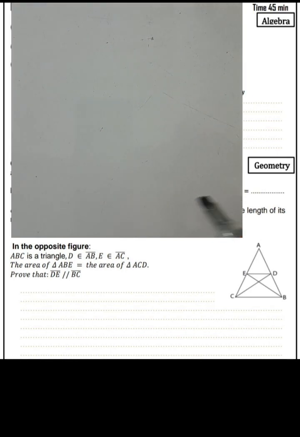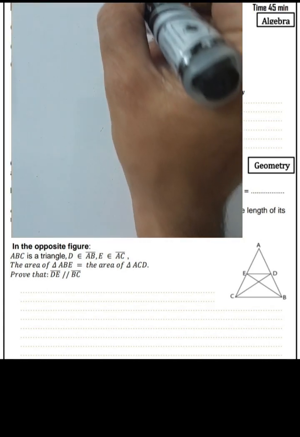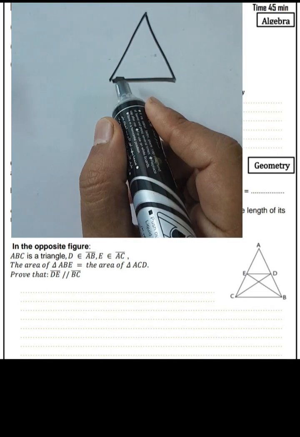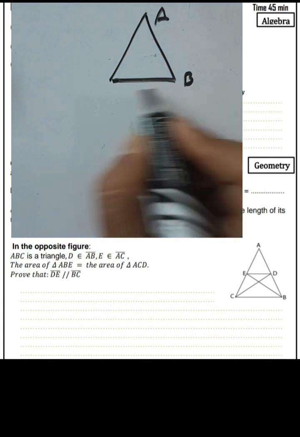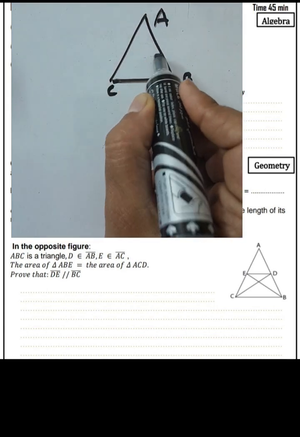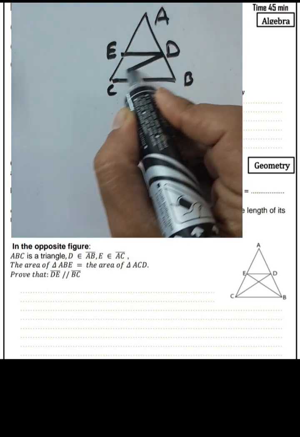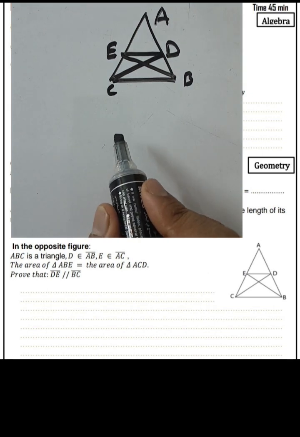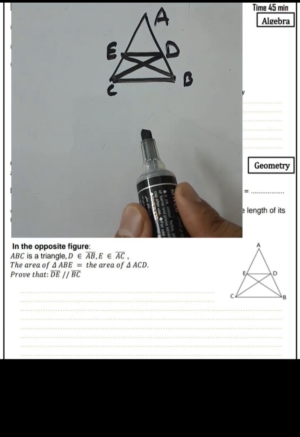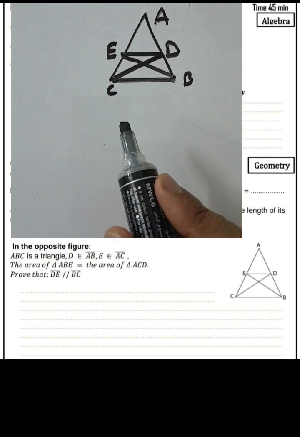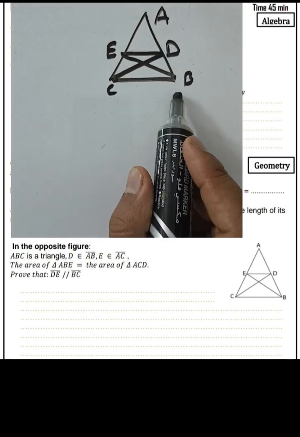In the opposite figure we have a triangle, and you want to prove that DE is parallel to BC. Okay, we have here a triangle. This triangle, look with me, ABC, and we have DE, this line segment, and here a line segment, and you want to prove that DE is parallel to BC.